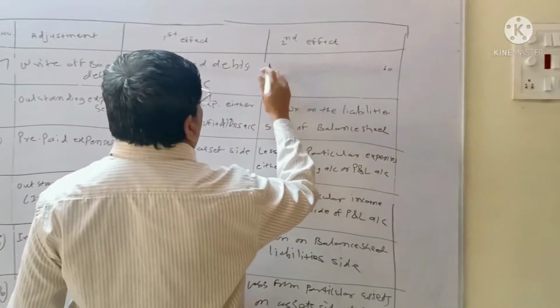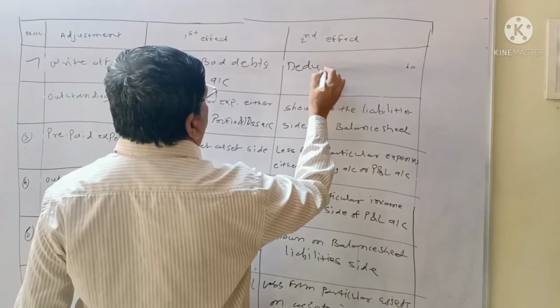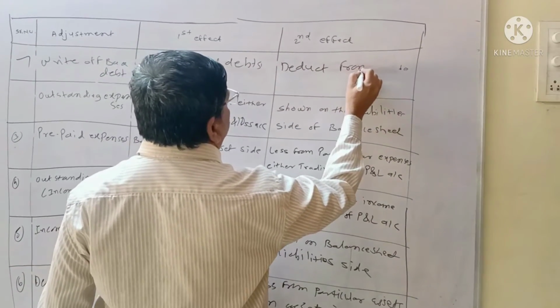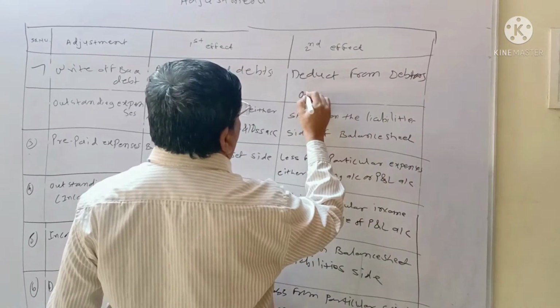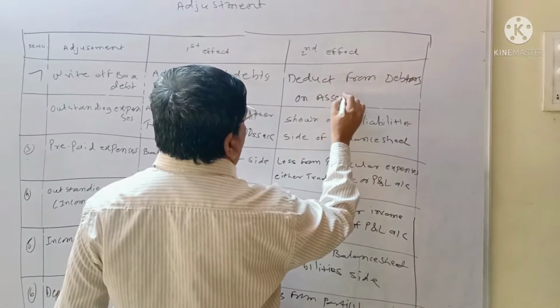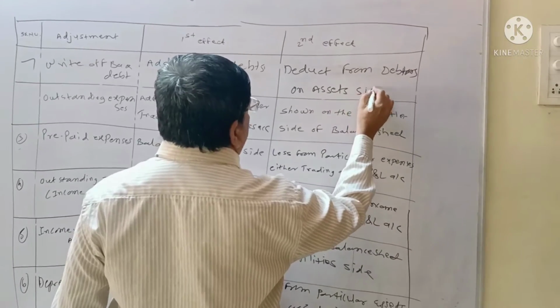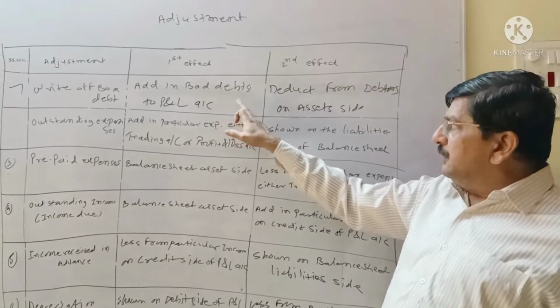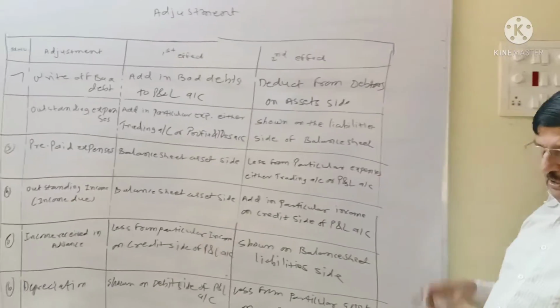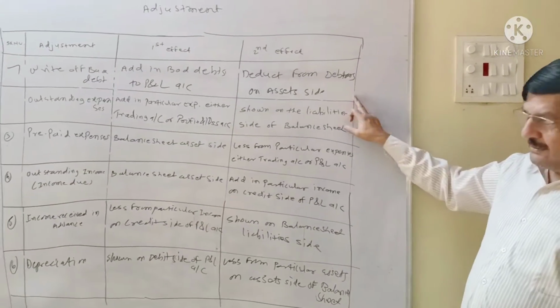And the second effect is to deduct from debtors on the asset side. Bad debts are our loss. It is taken on the debit side of the P&L account, added to old bad debts. And second, deduct from the debtors on the asset side.